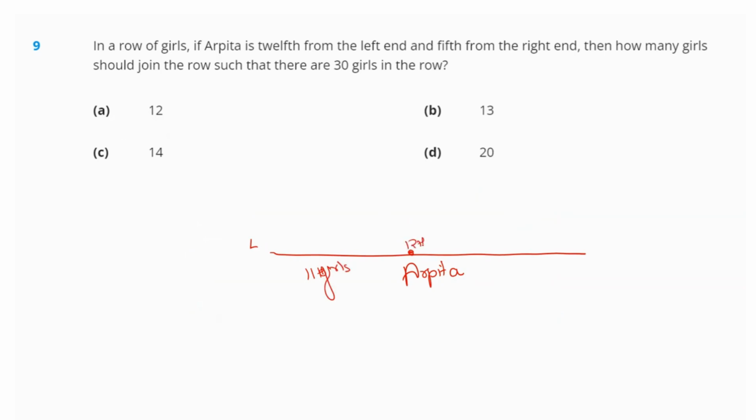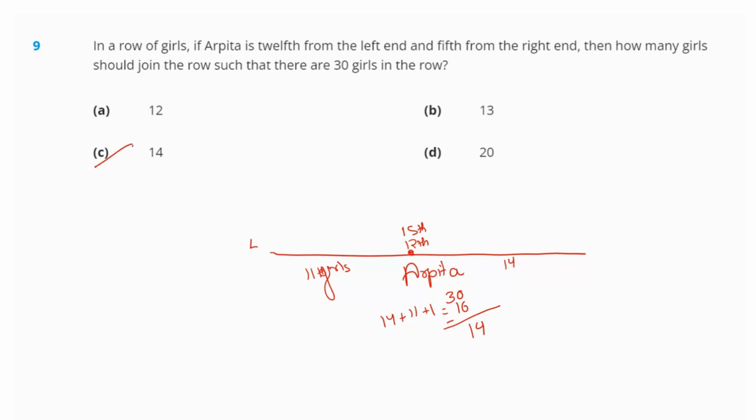Arpita is 15th from the right end, so here are 14 girls. So the total number of girls is 14 plus 11 plus 1 Arpita. It gives us 26. Now, how many girls are required to make it total 30? So 30 minus 16 gives us a total of 14. So answer C is a correct answer.